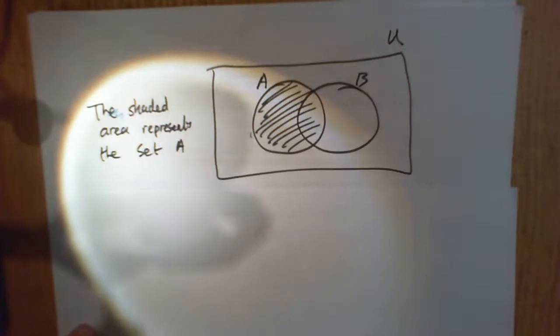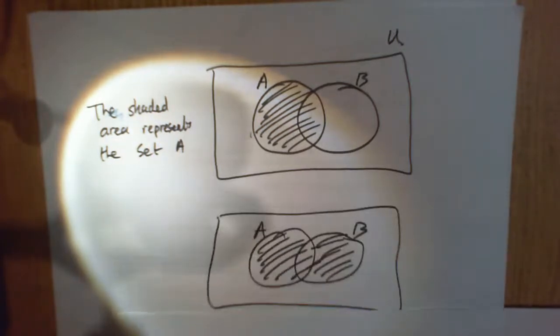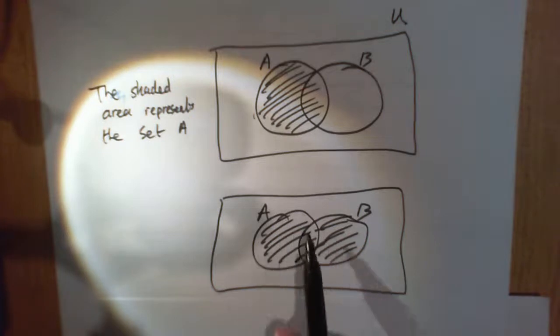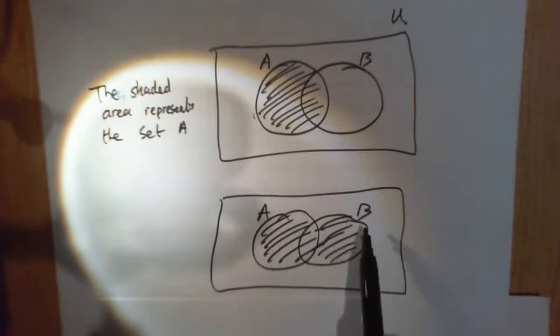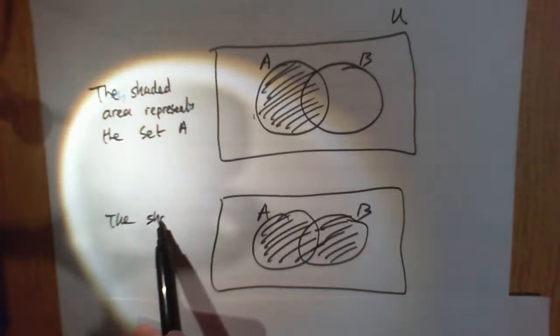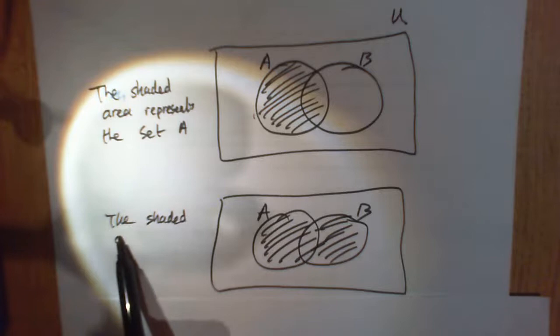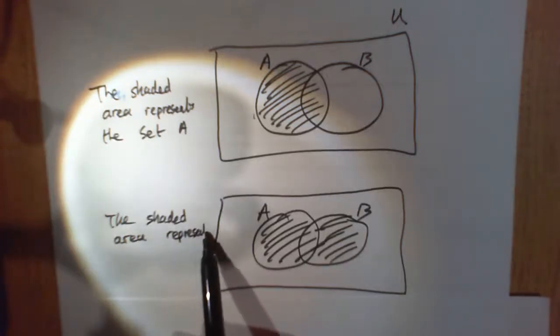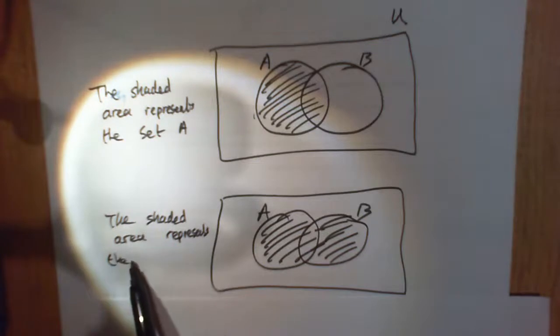Okay, so we'll try another one. How would this be represented? In this case, we have all of A shaded and all of B shaded. So the shaded area represents the set.